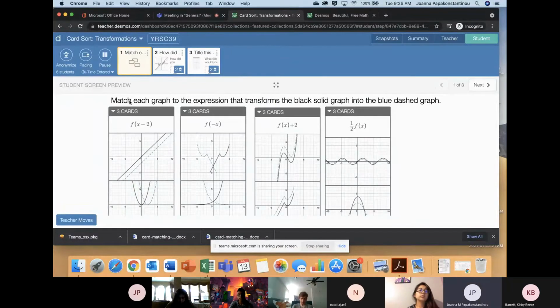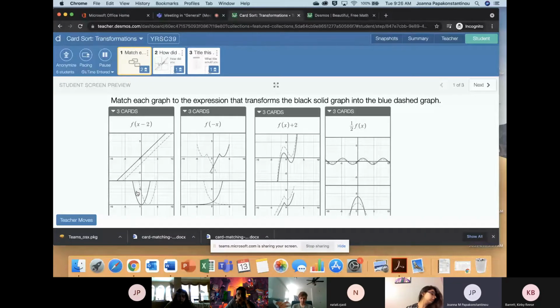There we go. Okay, so as we just talked about, this is a horizontal shift to the right. So this black solid parent function has been shifted to the right 2. I could see where y'all were seeing the down 2, but since this was a matching, you should be able to recognize that these black bold parent functions were shifted to the right, and that is a horizontal shift to the right. This is a reflection.